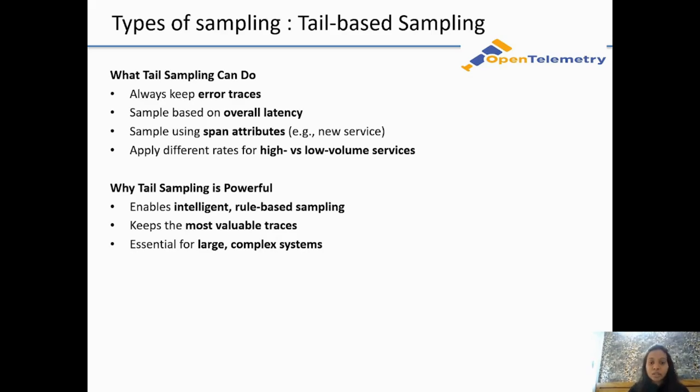If we talk about why tail-based is powerful, it enables rule-based decisions. It keeps the most valuable traces and is essential for large, complex systems. However, tail-based sampling also has some limitations.